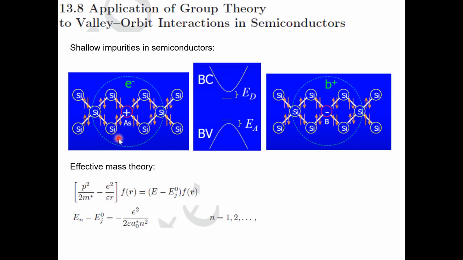And also, once this electron is free, it is going to move through the crystal not with the free electron mass, but with the mass given by the effective mass of the conduction band. So we have to substitute in the kinetic energy term the effective mass instead of the bare electron mass.